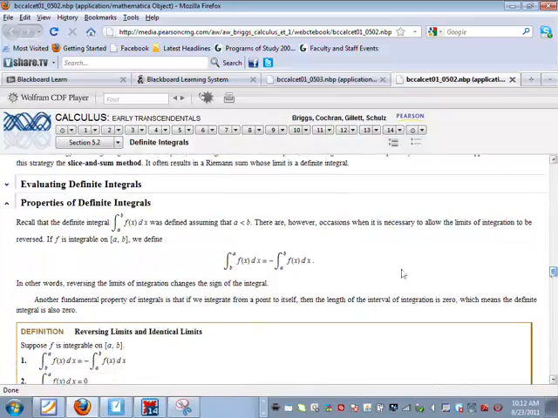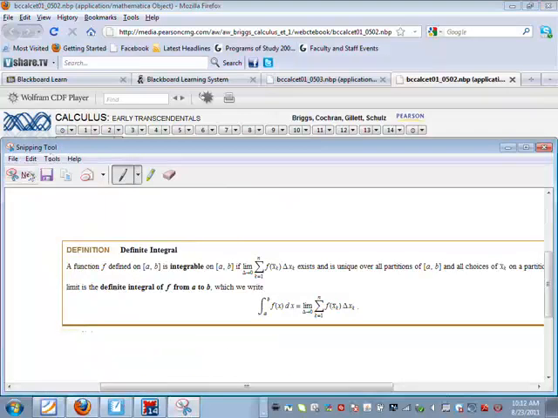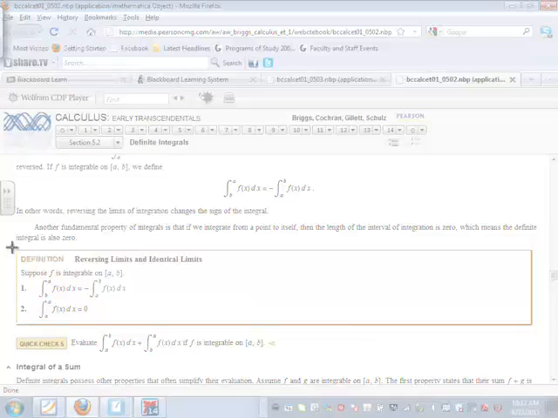All right. So, the first one is that the integral from b to a of f of x is the negative of the integral from a to b of f of x dx. That's the first one. And then the second one is that the integral from a to a of f of x dx is nothing. These are definitions.